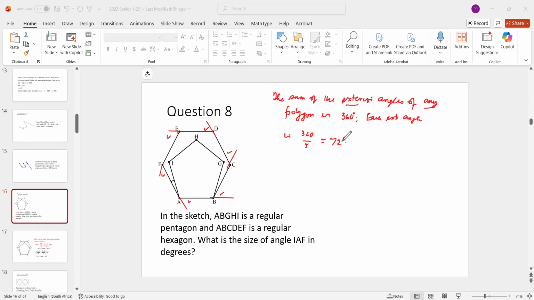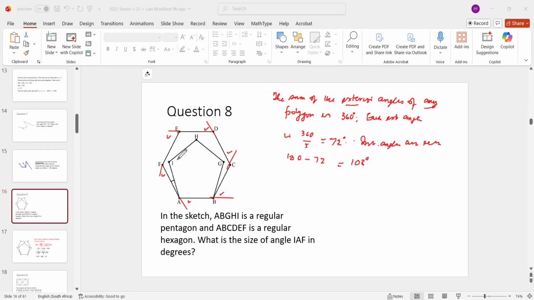Can't say this in general. So all the exterior angles are 72 degrees, and therefore the interior angles, which are all equal, are each 180 minus 72, and that's 108 degrees. So that's how you calculate the interior angles of any regular polygon.